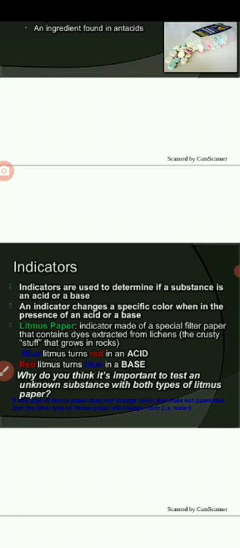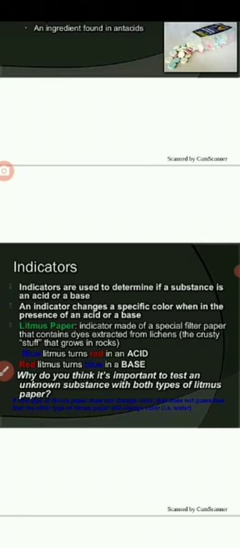The dyes extracted from lichens are used to make filter paper, the litmus paper, which is used to determine whether a substance is an acid or a base.